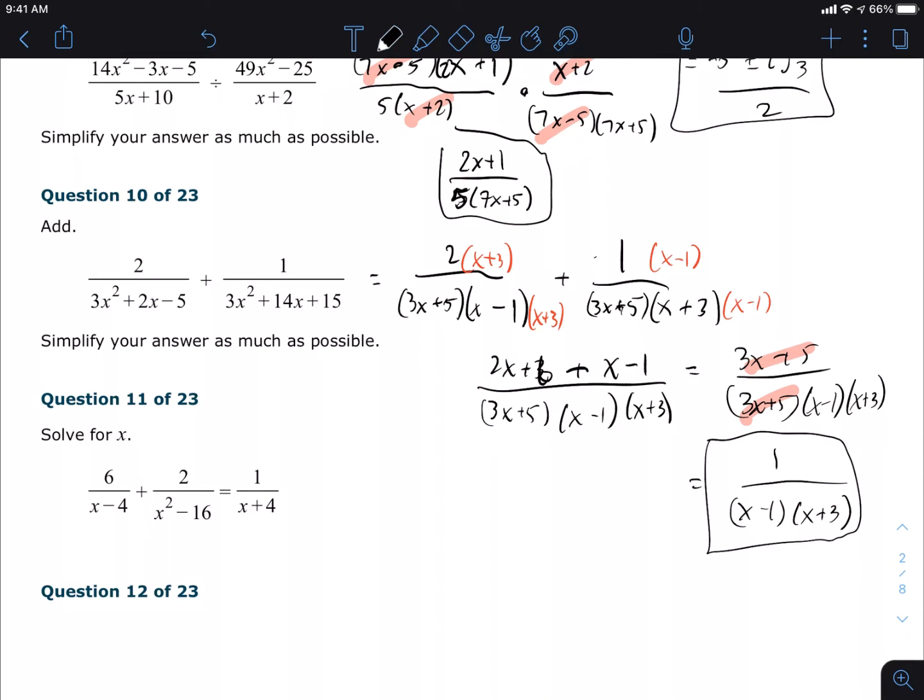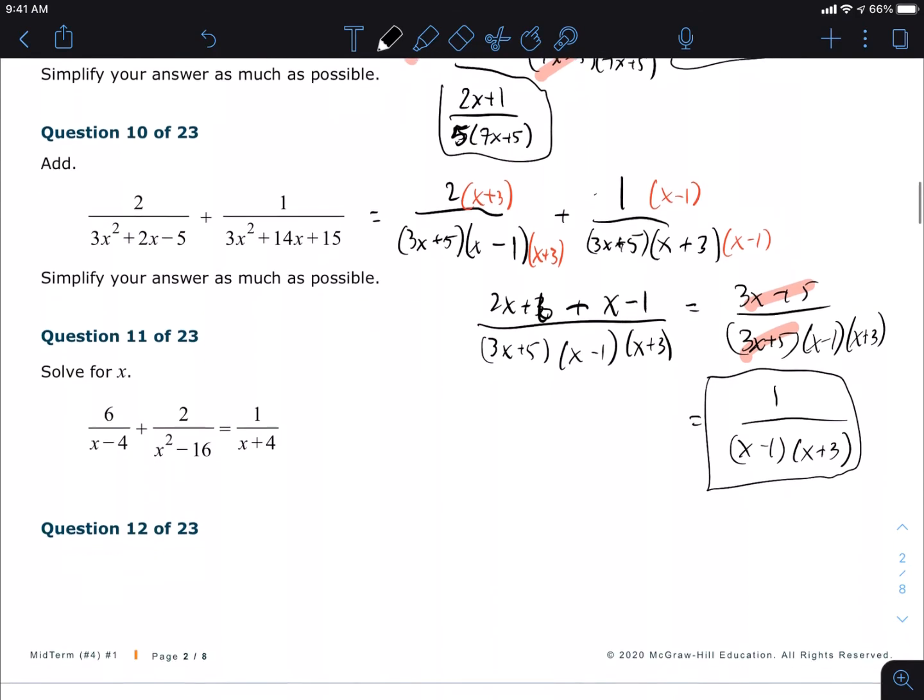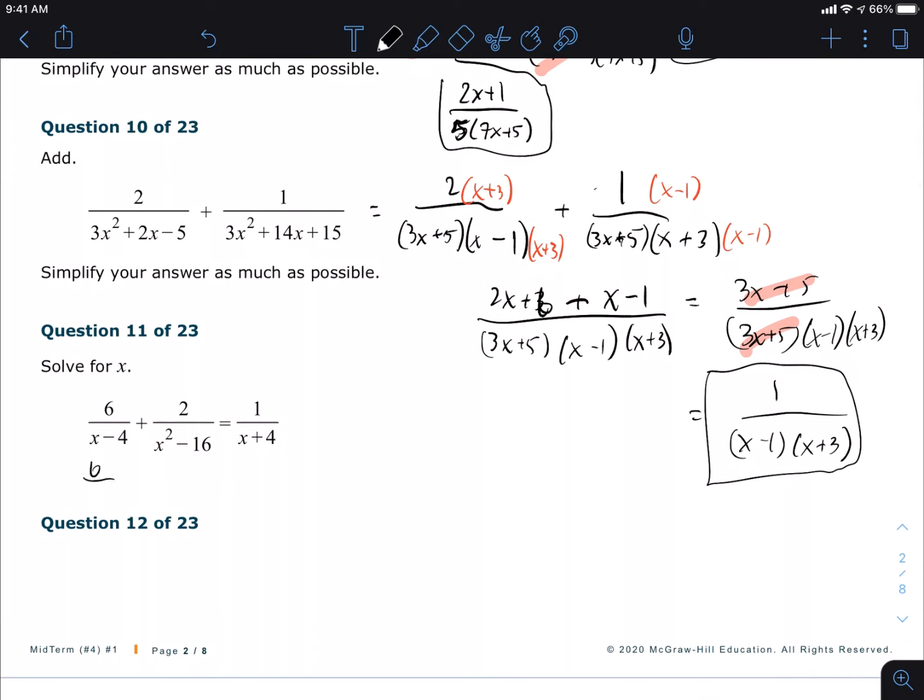Okay, so our next example, it's more of the same, finding that common denominator issue. So this will be 6 over x minus 4. This will be 2 over (x minus 4)(x plus 4), and that's because they're a difference of squares. And so we can see this one needs the x plus 4.